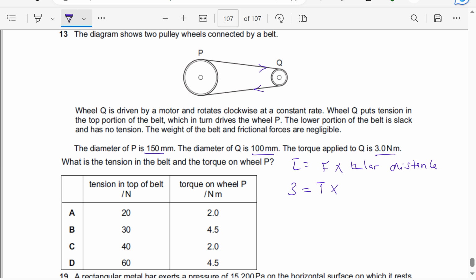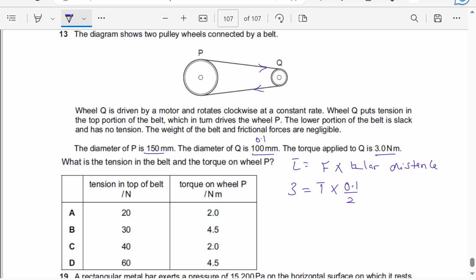This wheel has a diameter of 100 millimeters, so this is 0.1 in meters. Then we divide by 2 to get the radius, so it is times 0.1 divided by 2.